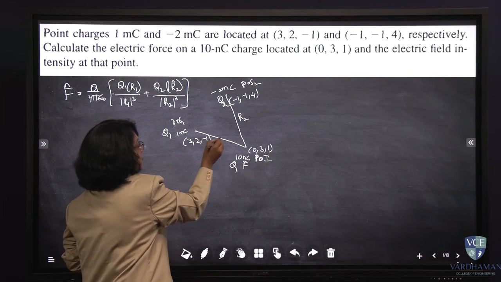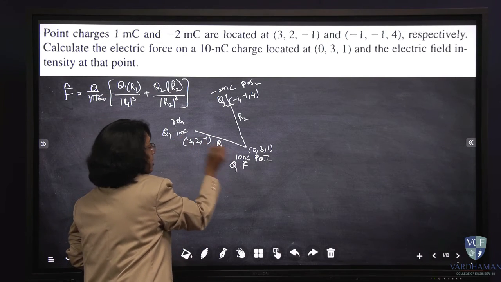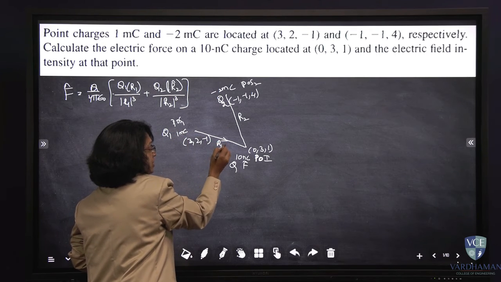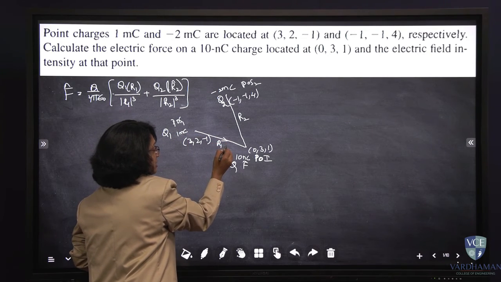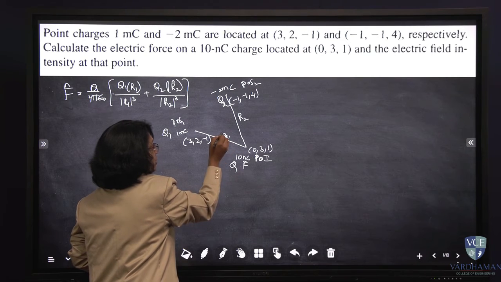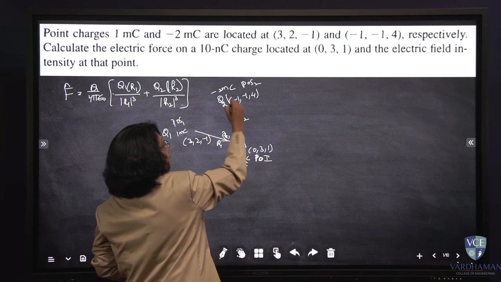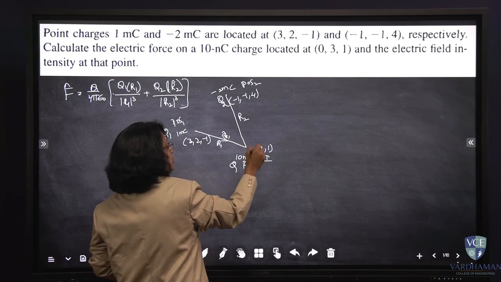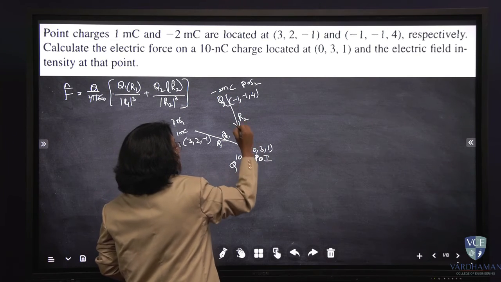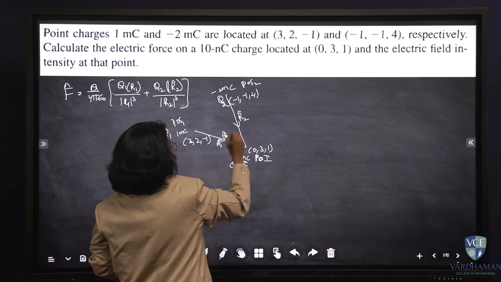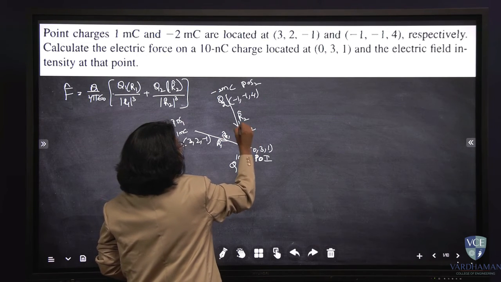So the force vector is directed from the source towards the point of interest, and hence it is in this direction. So R1, the unit vector also, is directed in this direction. In the same way, the force due to Q2 on the point of interest is acting in this direction, so your R2 vector is considered to be in this direction.